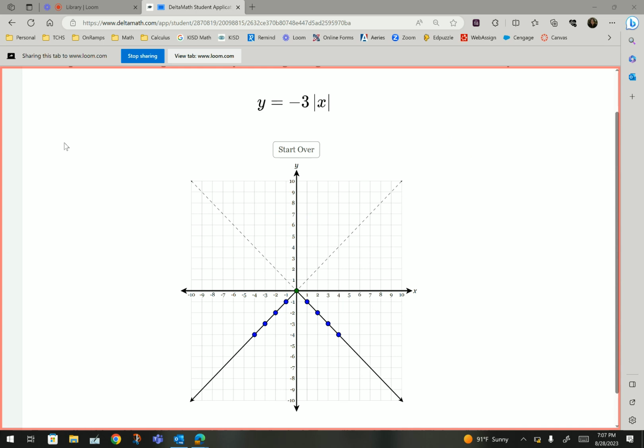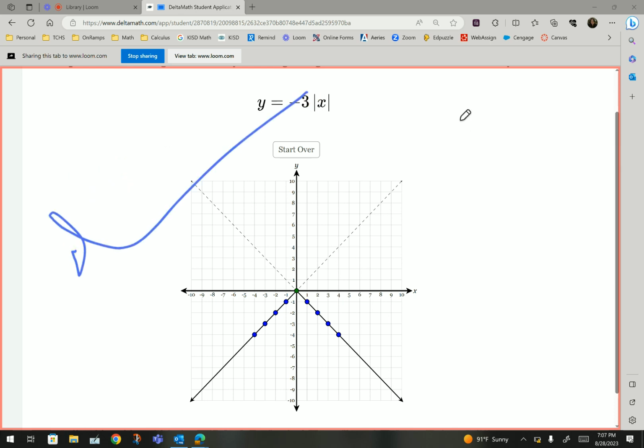So I need you to focus on the 2 comma negative 2. What I'm asking you to do is only multiply the y value by this number right here. You're only multiplying the y value.